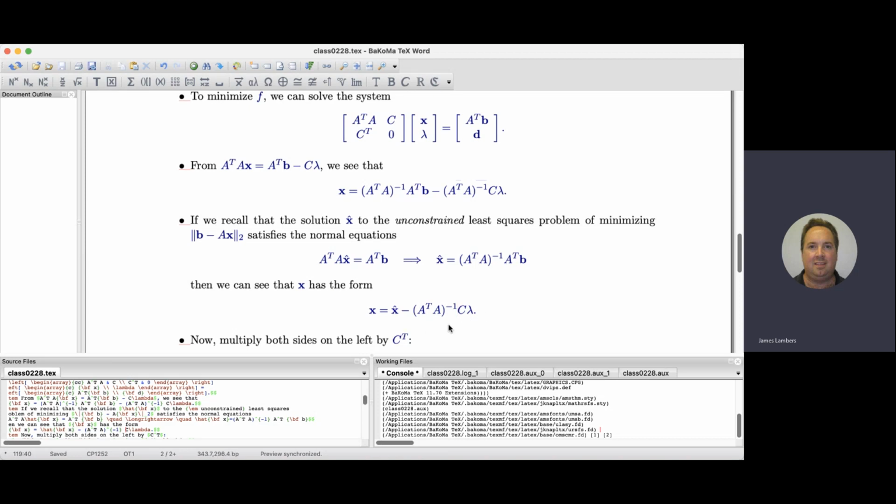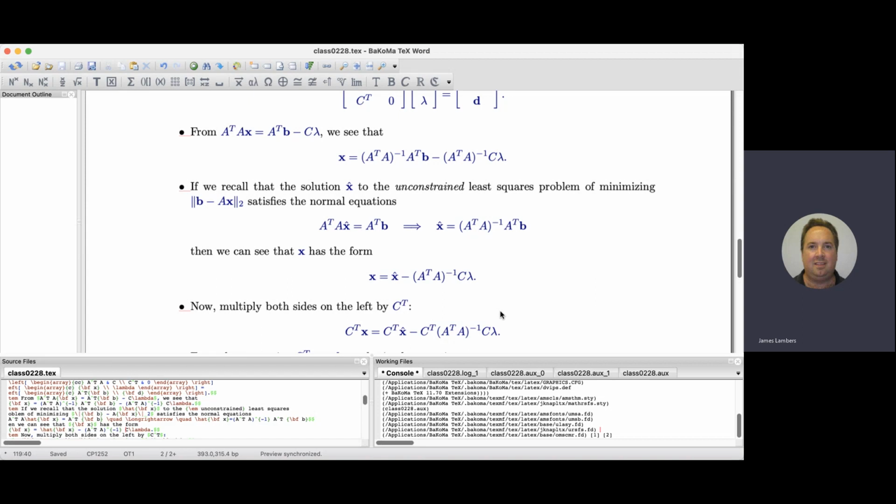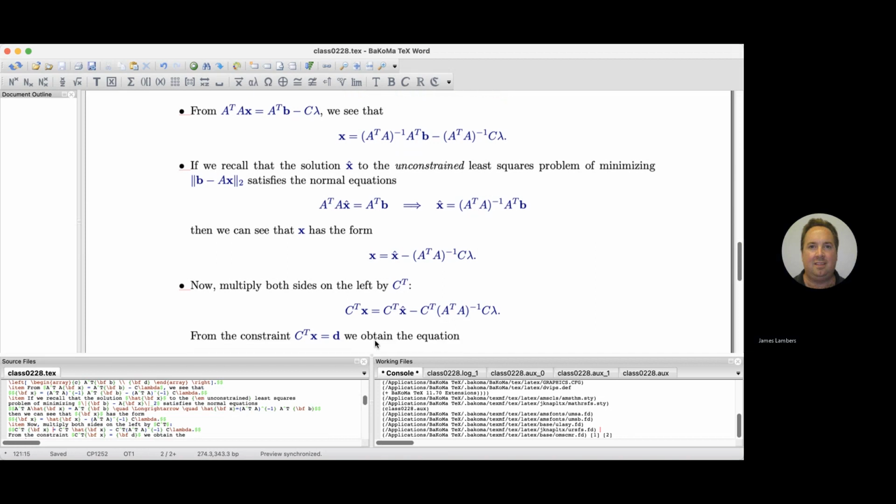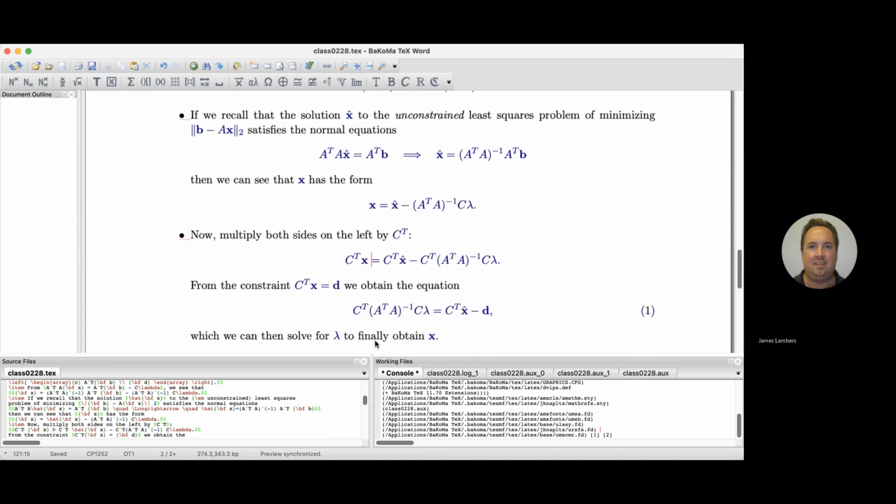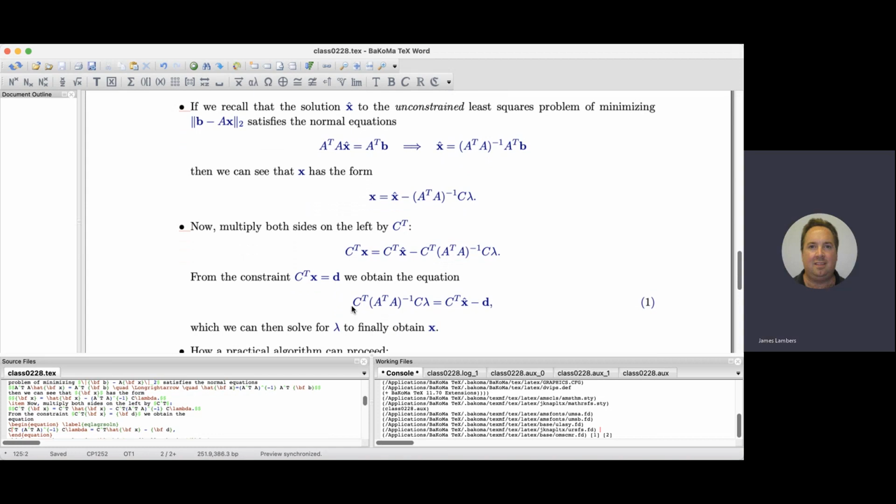What we could do is multiply both sides by C transpose. But we know that this is equal to D. Now everything in this equation is known except for lambda, and we have a system of equations that we can solve for lambda.